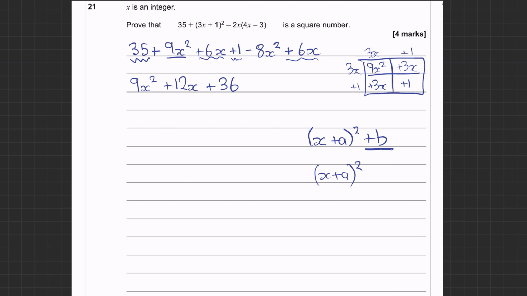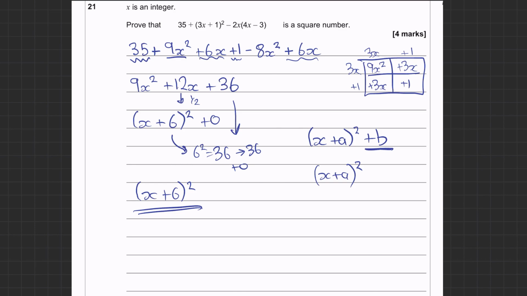So complete the square for this, which is x plus, well, half of 12 is 6, all squared. 6 squared is 36. And how do we get from 36 to 36? Well, we're adding 0. If we're adding 0, it's just the same as saying x plus 6 squared.